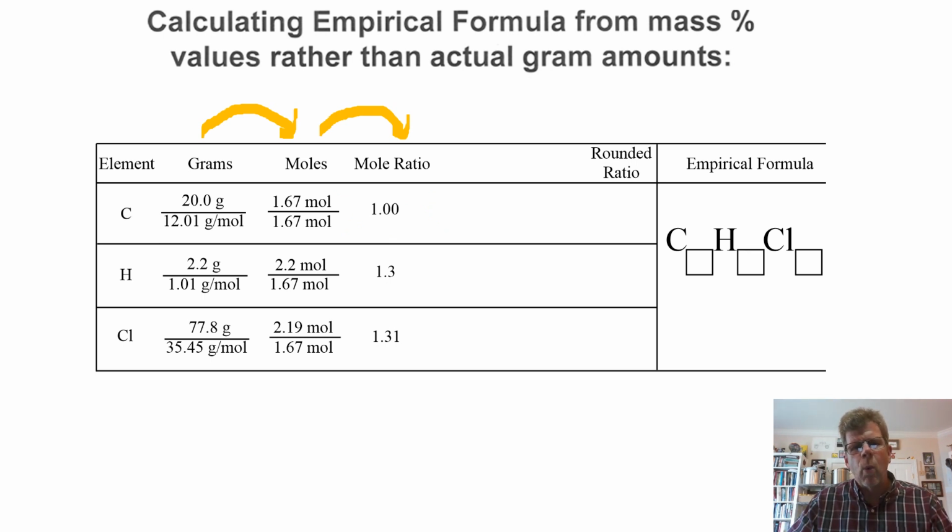Well, we have 1.3 and 1.31. This is a problem because we're not within 0.1 of an integer. So this is going to require additional manipulation.